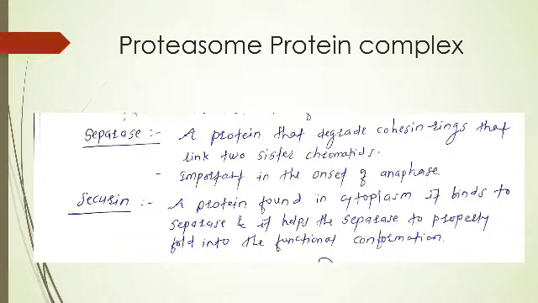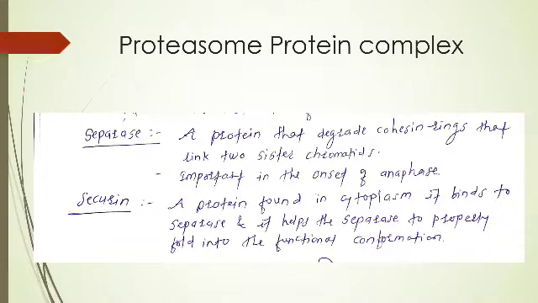Already we have seen in metaphase that the two sister chromatids are attached to each other by means of a protein, and that protein is called cohesin. So cohesin is the protein that helps in the attachment of the two sister chromatids together.